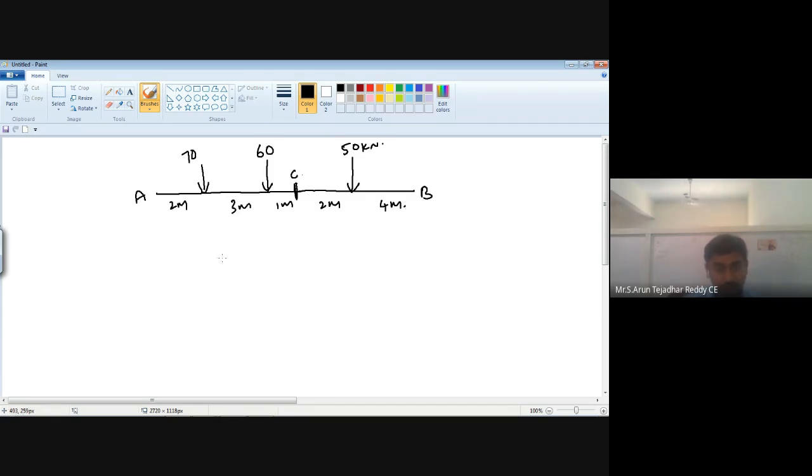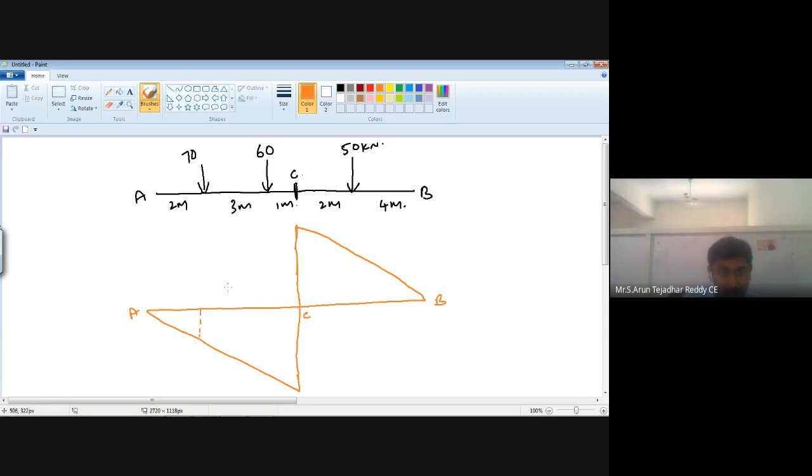Now, A, B, and here at this point, that is point C. Here the load is acting, and next here the load is acting, and next here the load is acting in this point.